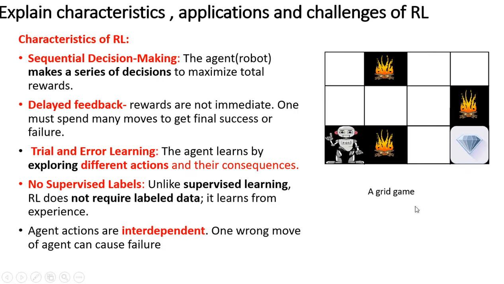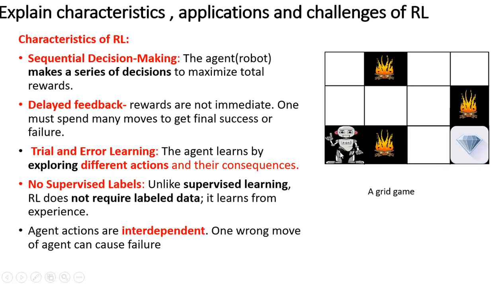A simple way to understand this is a grid game. The agent here is a robot, and the goal is reaching the diamond, right? The robot can move like this. There are different paths through which it can move. Whenever the robot reaches the fire, it will be a negative reward. It may lose some points. Maybe you have some positive rewards here, so then it will feel encouraged and move forward.